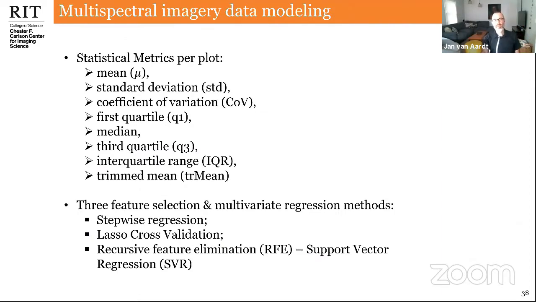And then he derived a bunch of statistics for every plot for which we have yield. The yield was provided by our collaborators at Cornell, and he tried a bunch of different algorithms, from simple stepwise regression to a little bit more complex support vector regression and things like that.